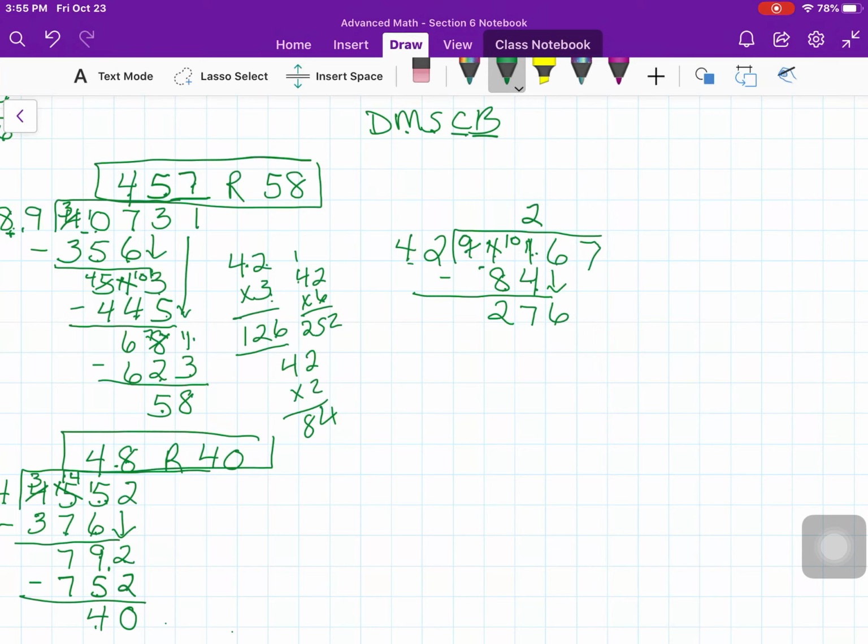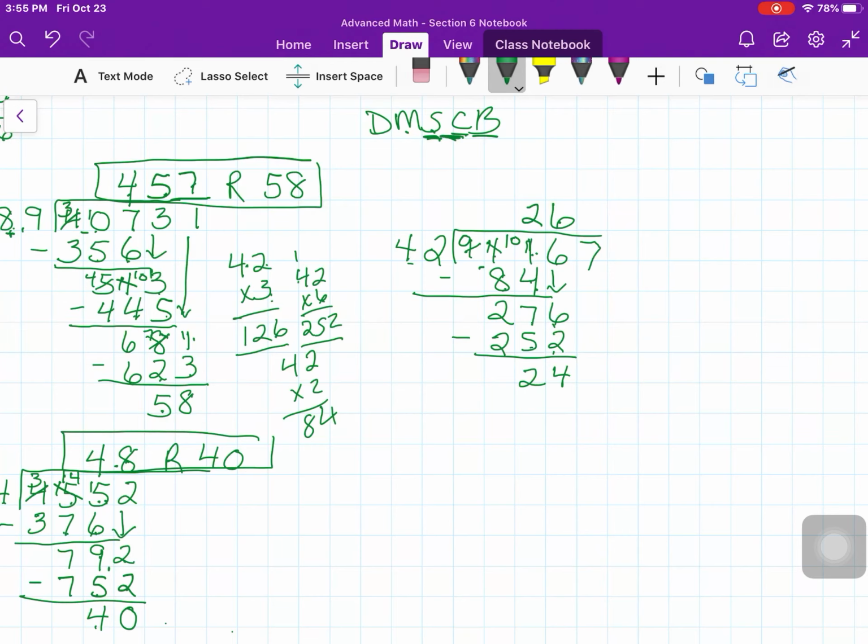All right, that is going to work, I think. So 42 into 276 goes in there 6 times, and 6 times 42, it's right here, is 252. Then I subtract, and 6 minus 2 is 4, and 7 minus 5 is 2.